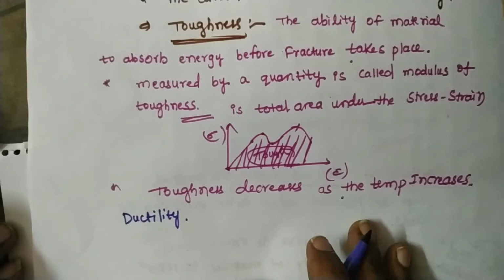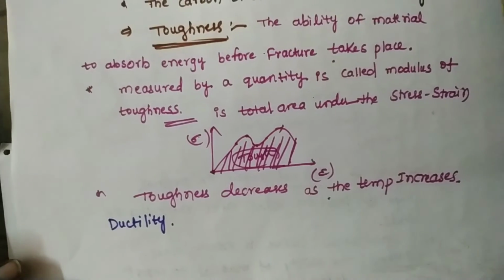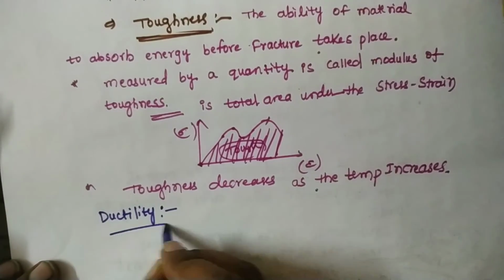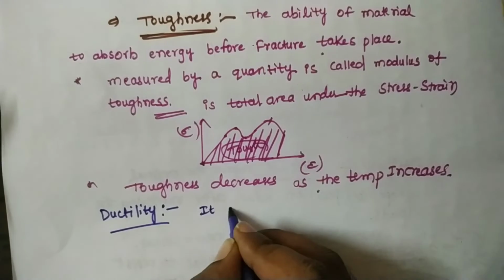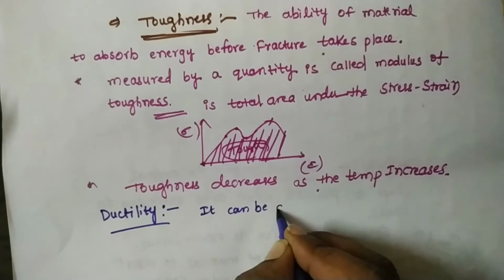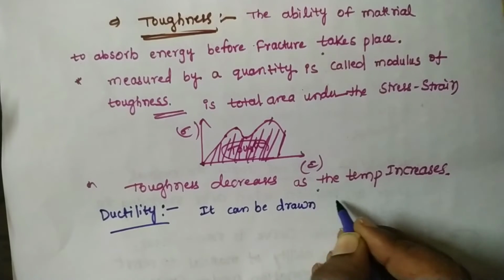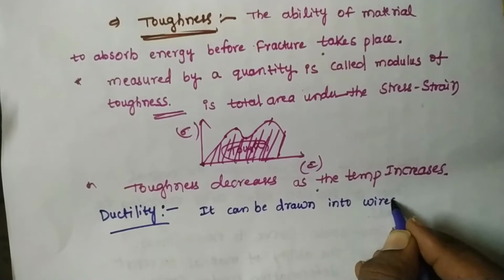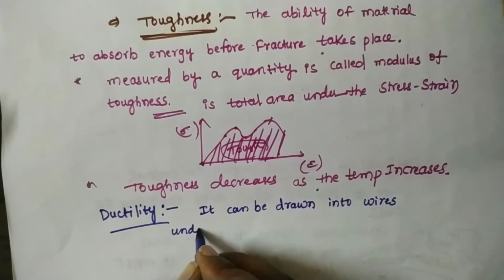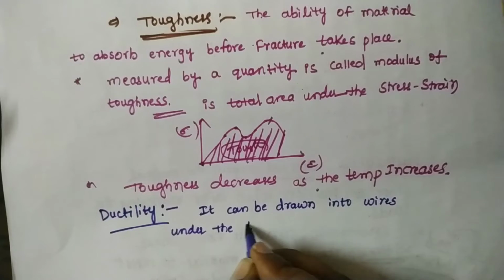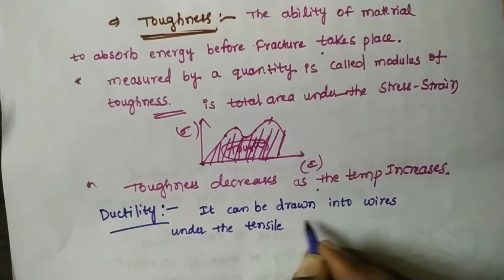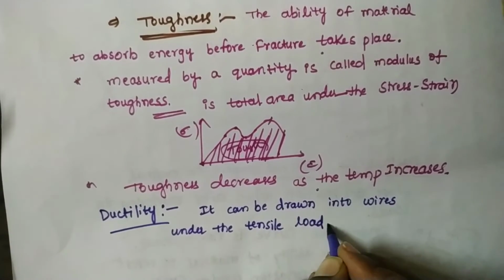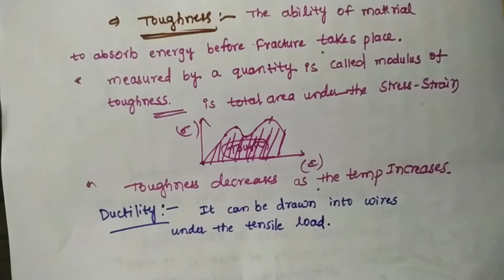Ductility is the property of a material by which it can be drawn into wires under tensile load. So this is the property of ductility.